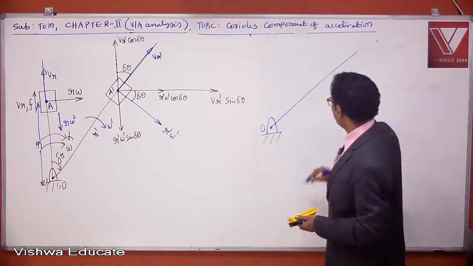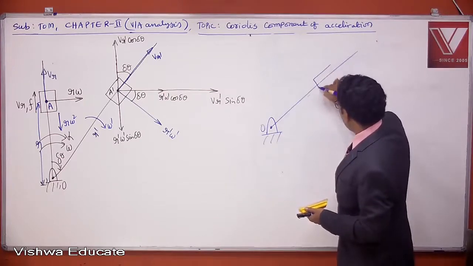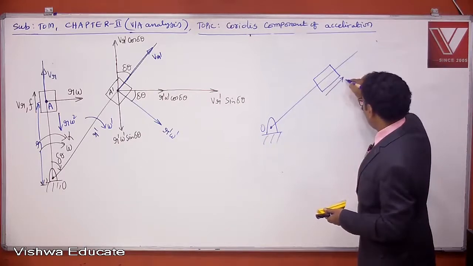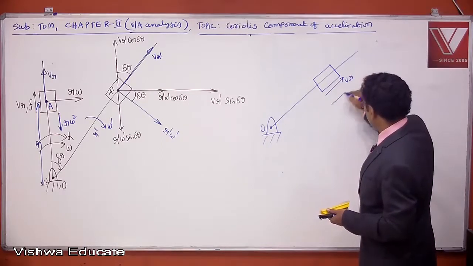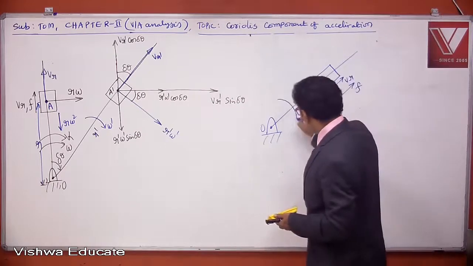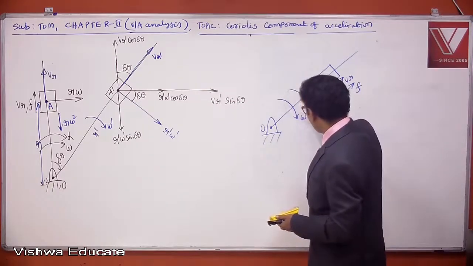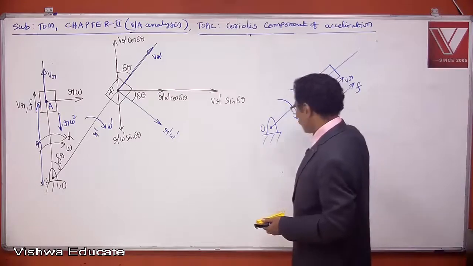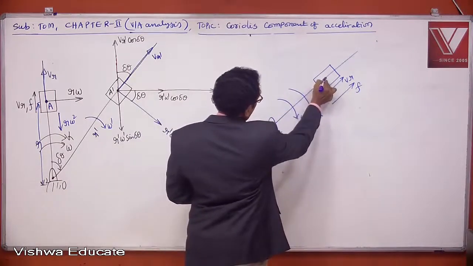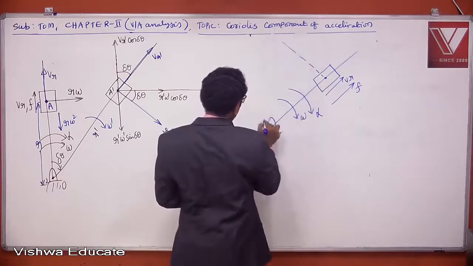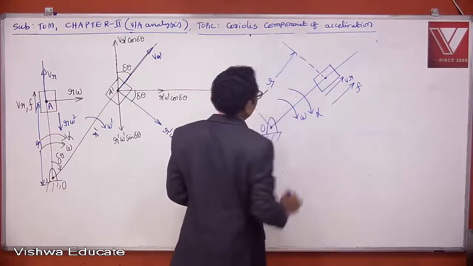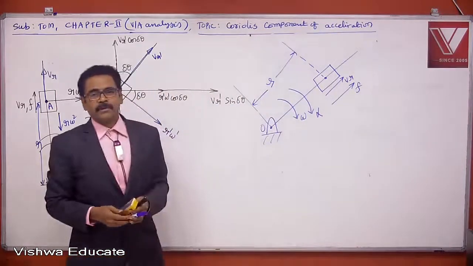This is O. On this rod, a collar or slider is sliding with radial velocity of VR, radial acceleration of F, angular velocity of omega, angular acceleration of alpha. Even they provide the radial distance R also.